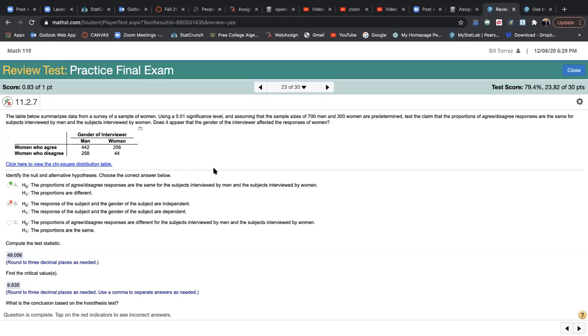Okay, so let's go ahead and look at our data here, our contingency table. All right, and we'll go ahead and use our chi-square test here, and we'll look at the proportions of agree-disagree and our null hypothesis.